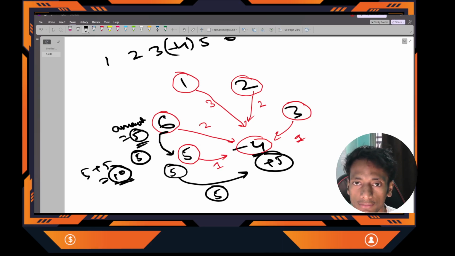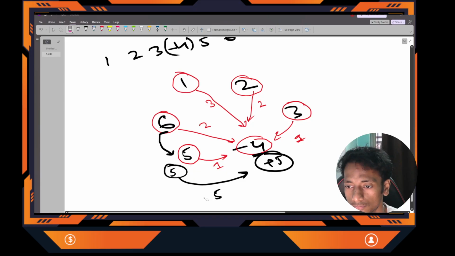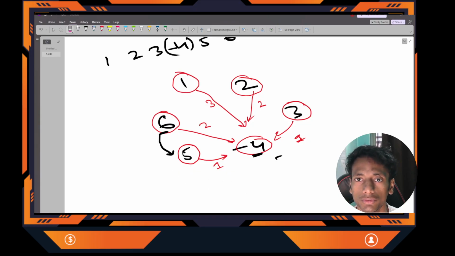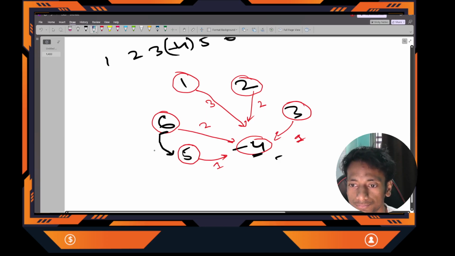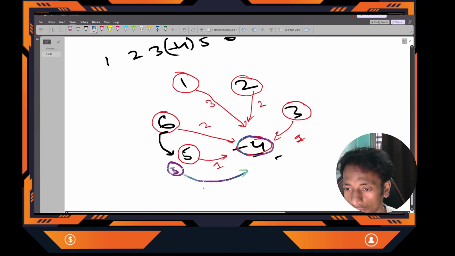But suppose we already have, in this case, a balance of 5 here. Now our target is to increase this person's balance by 5. So if I want to transfer from here to here, how many operations do I need? 5, correct, 5.